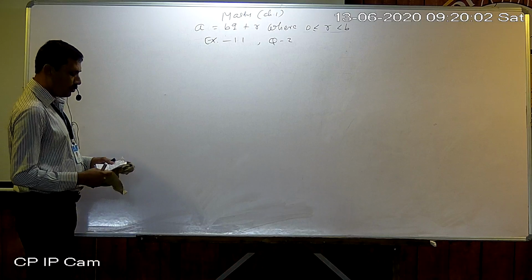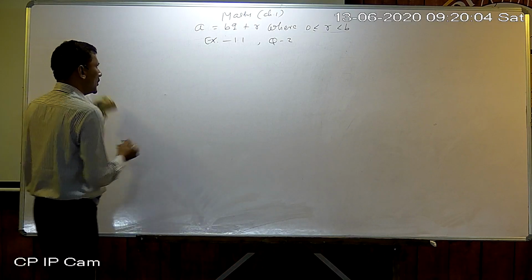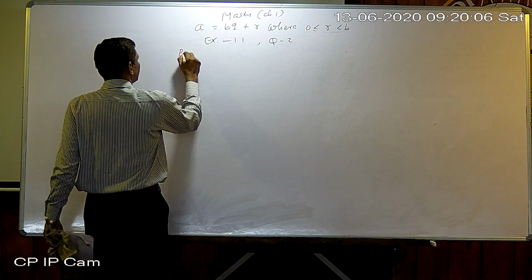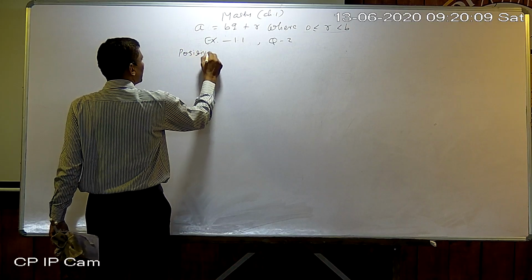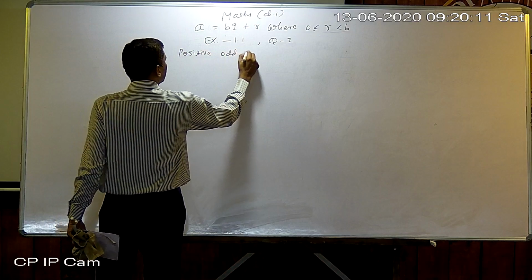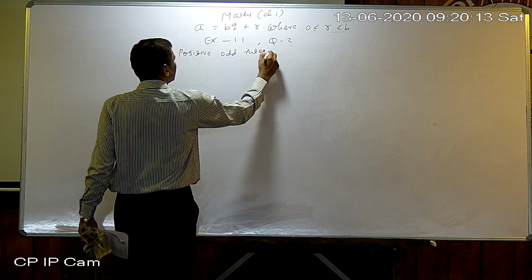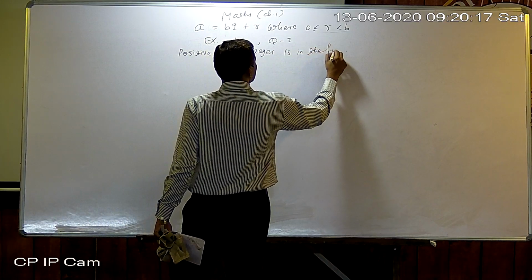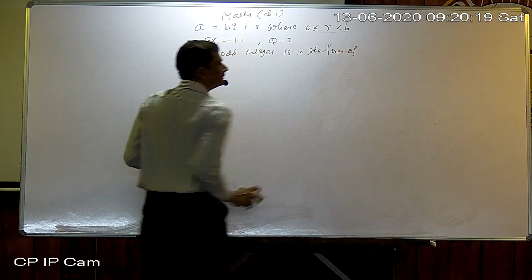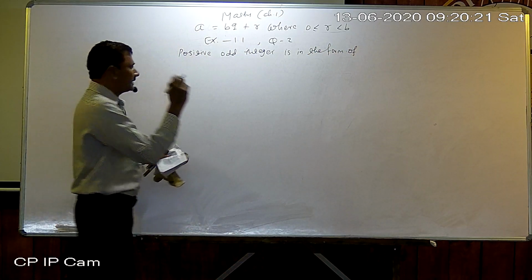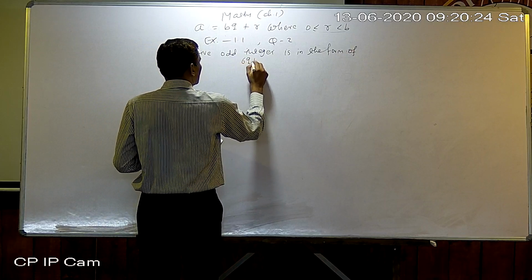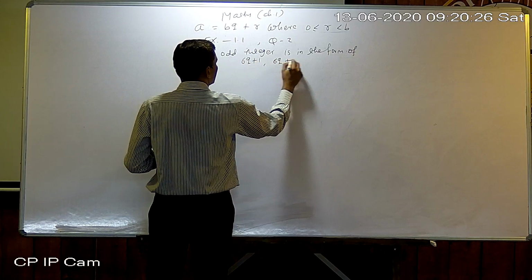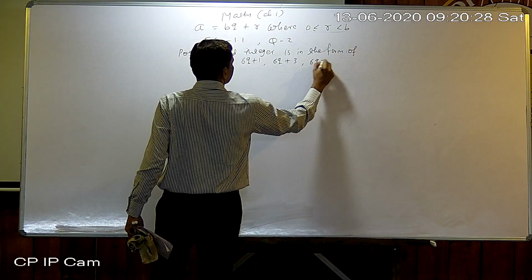Any positive odd integer is in the form of, we deal with positive numbers only, any positive odd integer is in the form of what? 6q plus 1, 6q plus 3, 6q plus 5 only.